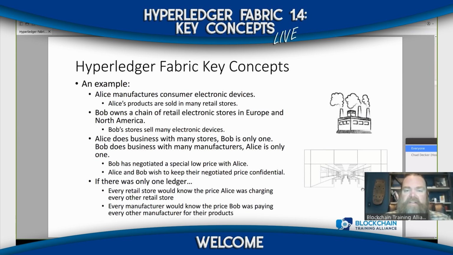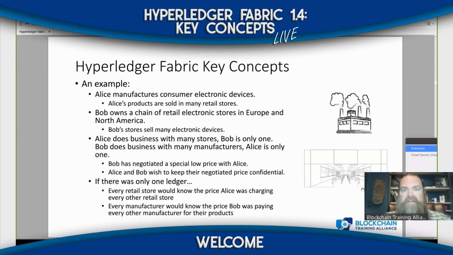Chances are Alice could not afford to give that special price to everyone. And so that's really not data Alice wants to share. Similarly, if we only had one ledger and it was shared with everybody, well, then every other manufacturer would see the price that Bob was paying to Alice.